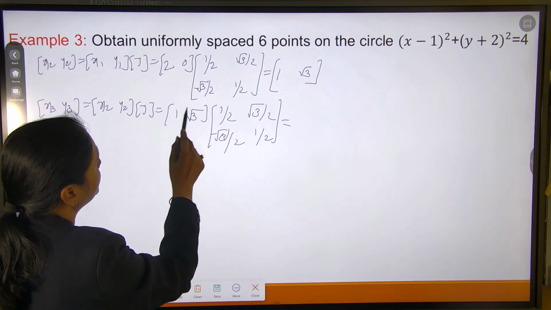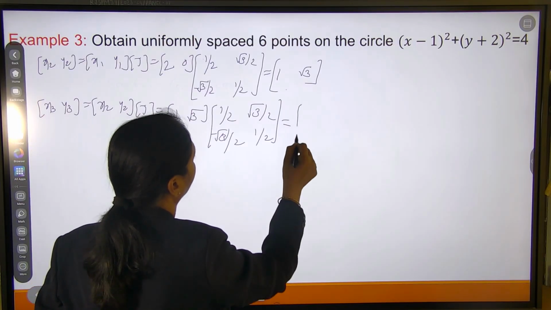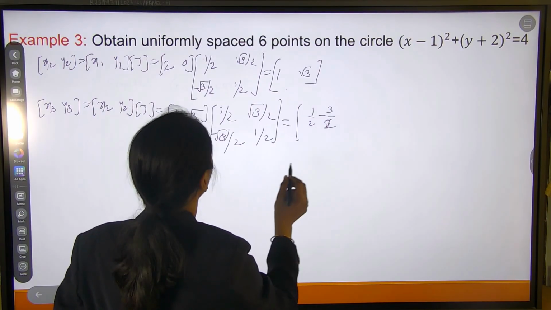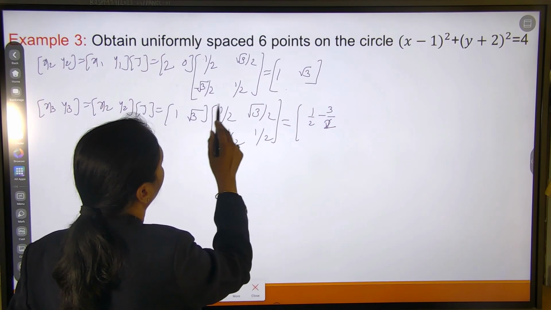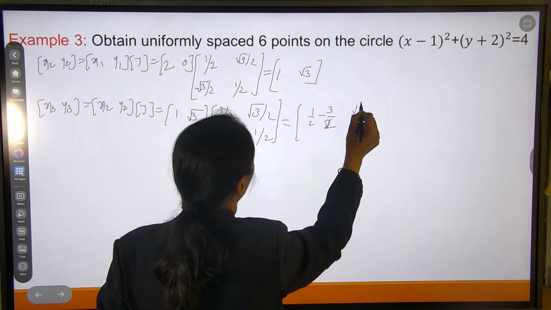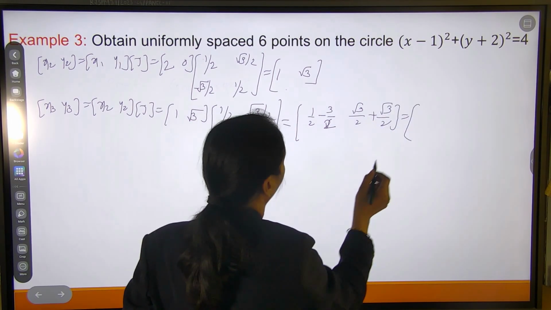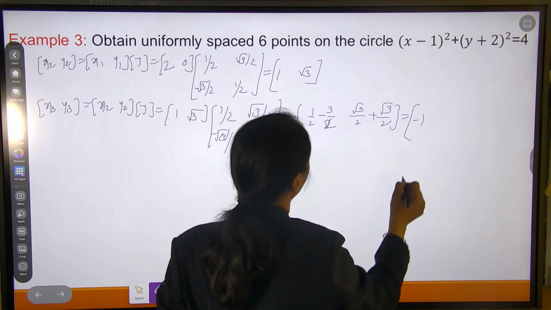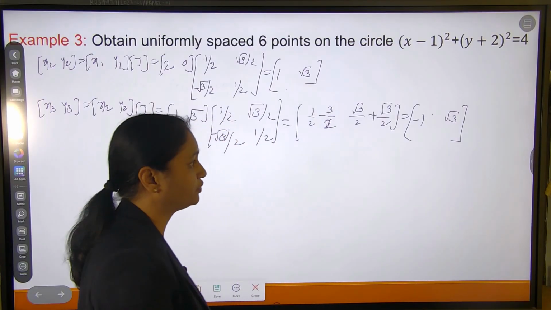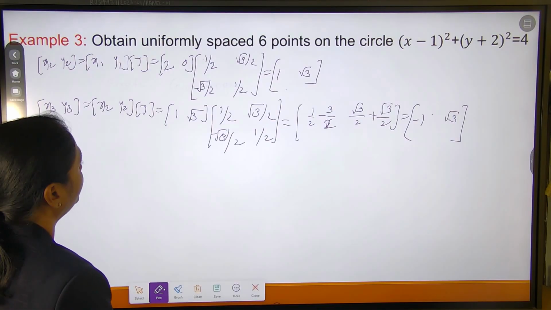After multiplication, we get 1 by 2 minus 3 by 2, and root 3 by 2 plus root 3 by 2, which is equal to minus 1 and root 3, because it is 2 root 3 upon 2. So the 2 gets cancelled, and we get minus 1 and root 3.